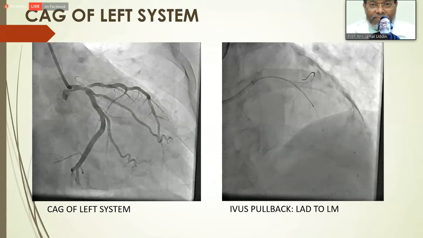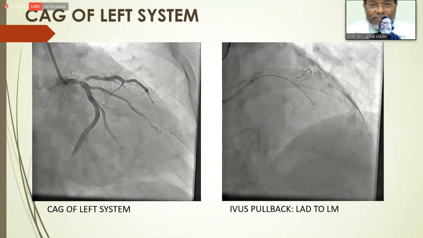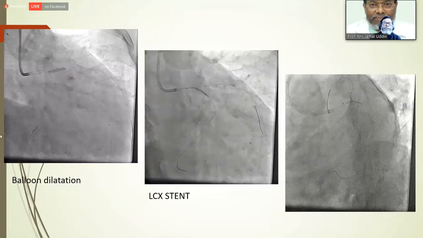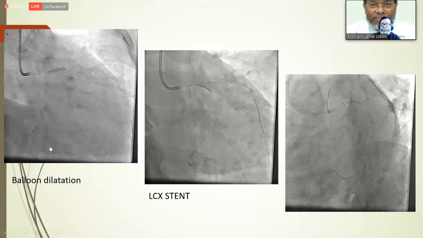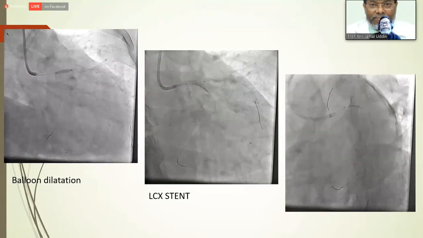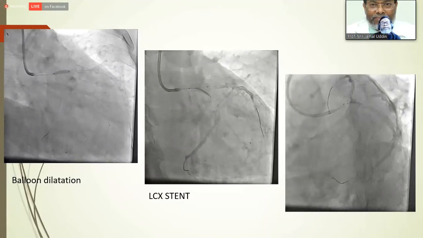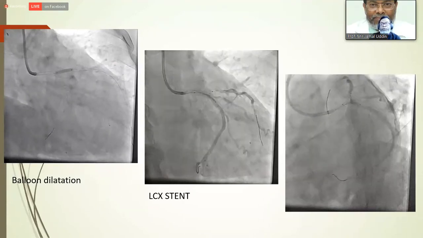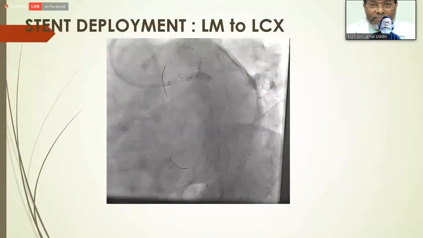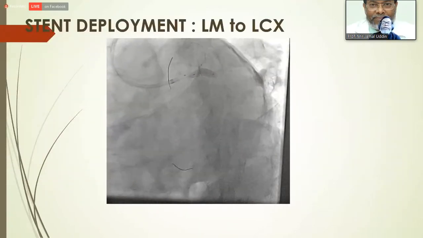And we have done it with IVUS, pullback IVUS, and this is the pre-procedural IVUS result, and this is the procedure going on. Balloon dilatation, LCX stent is placed. Here the LCX stent is 4.5 by 12, and the balloon in the LAD, LM to LAD, is 4.